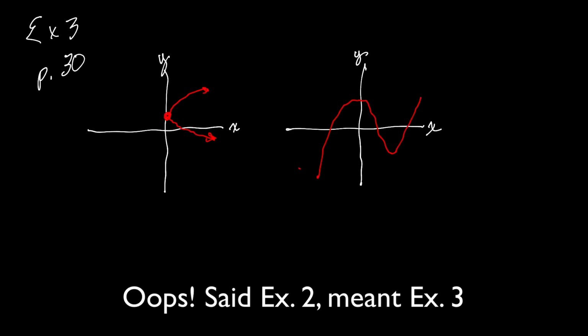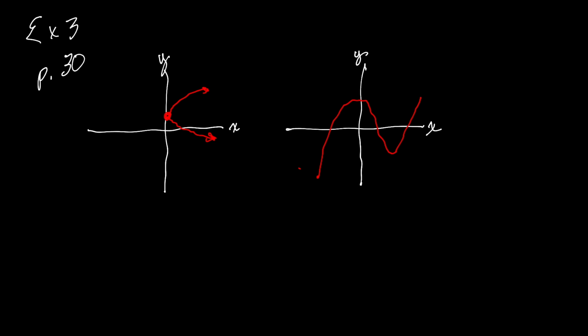All right, so here's example number 2, and we talked about this in lesson 1.2, and it's about the vertical line test. I'll write that up here. The reason it's called the vertical line test is that you drop a vertical line on a graph.